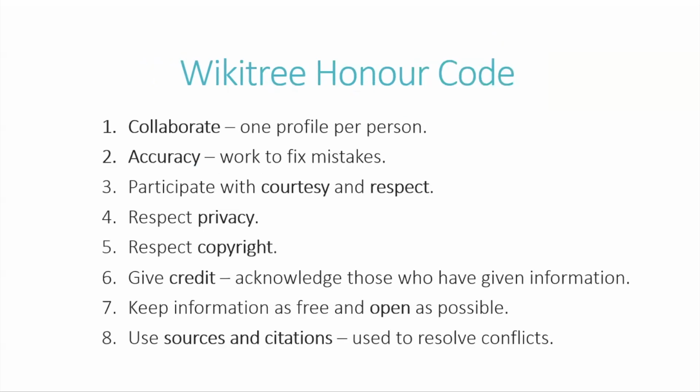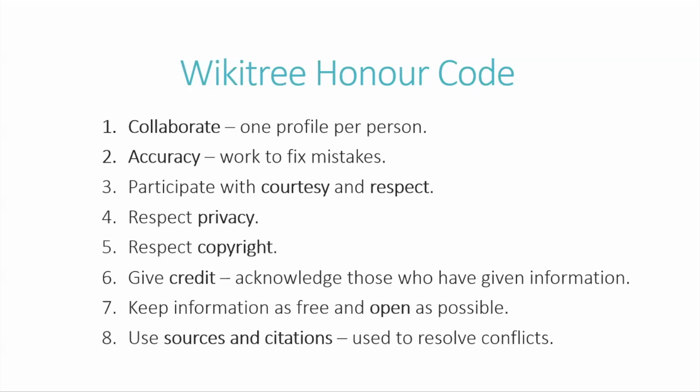So here is the honor code. It's a little bit twee in terms of the fact that you sign this, but I think it is useful to go through the 8 points of the honor code because it does give you a flavour of what Wikitree is all about. So the first thing is that it's all about collaboration, as I've already said, and that means there's one profile per person.